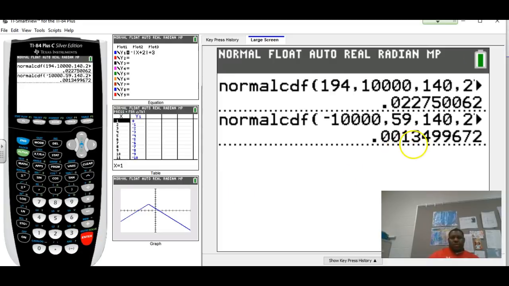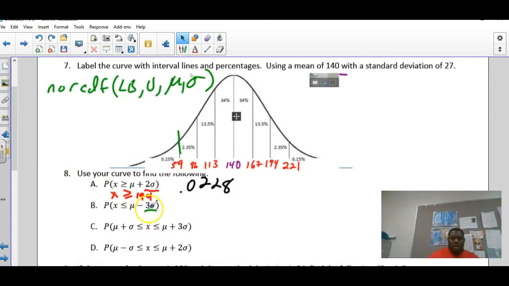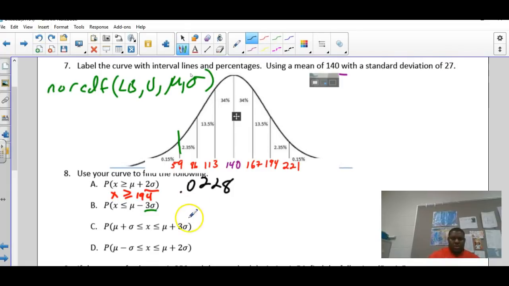So you got 0.00134. I always tell my students to go 5 decimal places and use that to round the fourth. Well, 4 doesn't round the 3, so I got 0.0013.